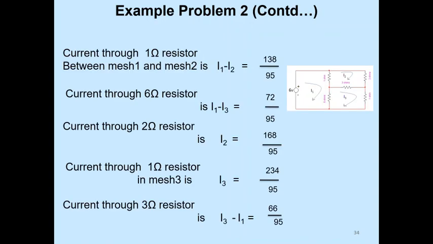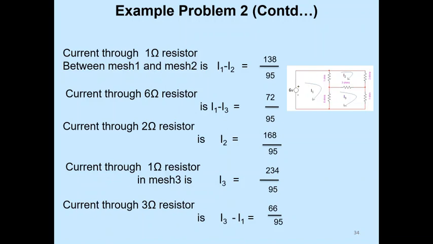In this way we can find the currents in each element or the mesh currents. First we identify the meshes, assume them clockwise or anti-clockwise, then write the mesh equations, arrange them into matrix form, and solve the currents by using Cramer's rule.